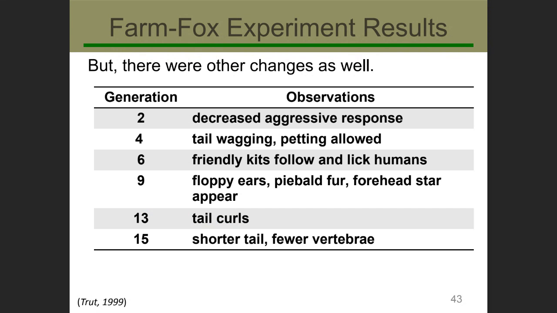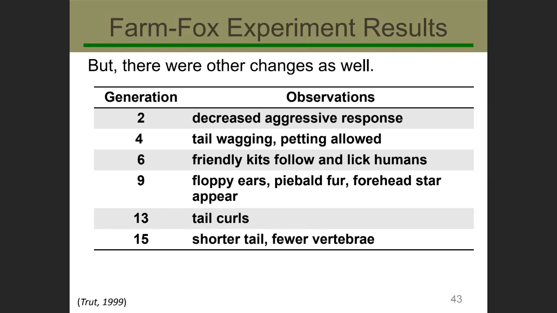But interestingly, there were other changes that came along too, right? There are some linked genes that he wasn't selecting for. He was selecting for decreased aggression. They started wagging their tails, they started following humans. But by generation 9, we started seeing some other things. Floppy ears. He wasn't picking ones with floppy ears, but that trait came along. Piebald fur, so splotchy fur, a forehead star. If you think of all the domestic animals we have, so many have forehead stars. Horses, some dogs.